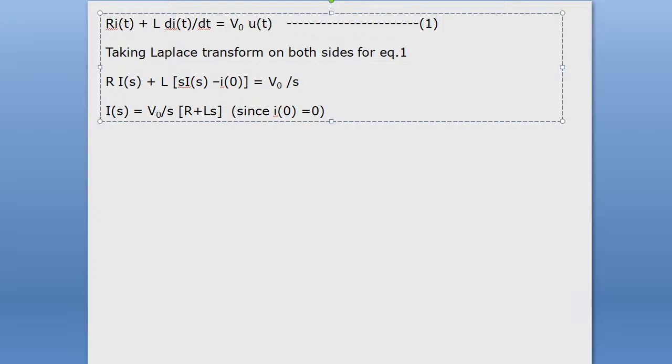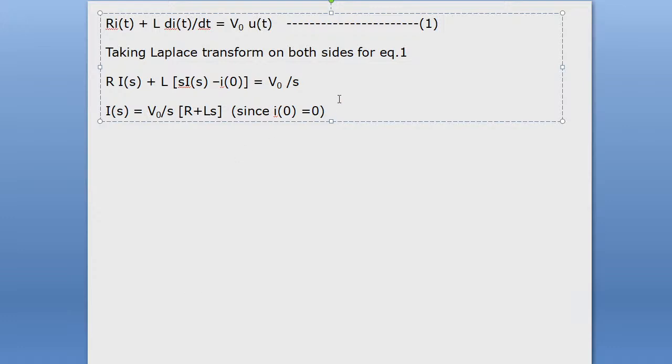At t equal to 0, the current through this inductor is equal to 0, because you know that the inductor acts as an open circuit element at t equal to 0. The voltage drop across the inductor is equal to the product of inductance value and the rate of change of current, VL equal to L di/dt. At t equal to 0, that means VL is infinite, so it acts as an open circuit element. Therefore, the corresponding current becomes 0.